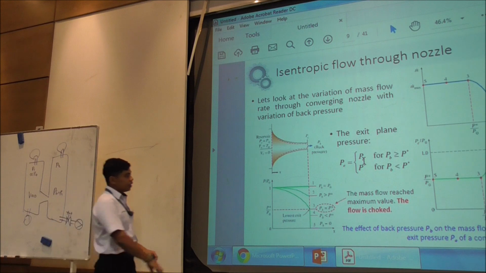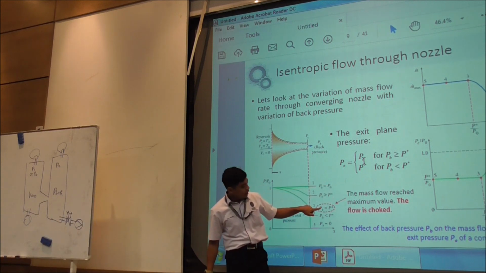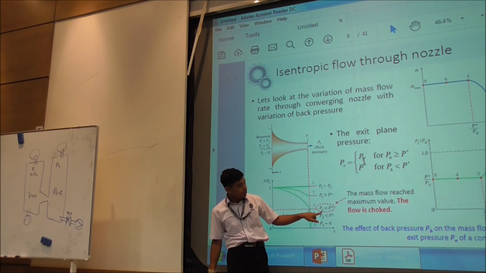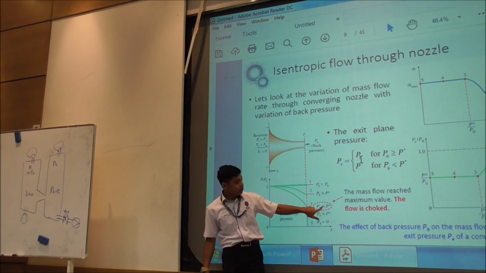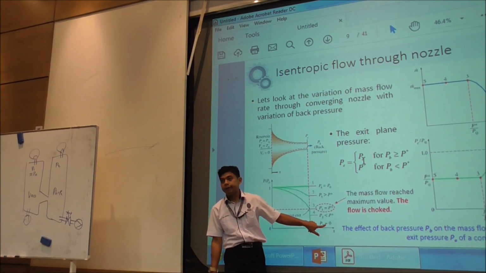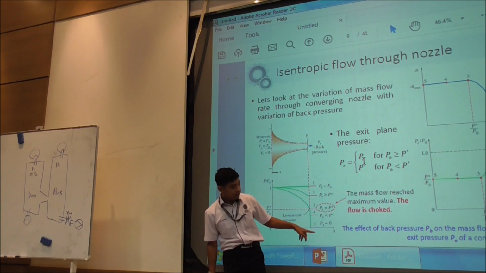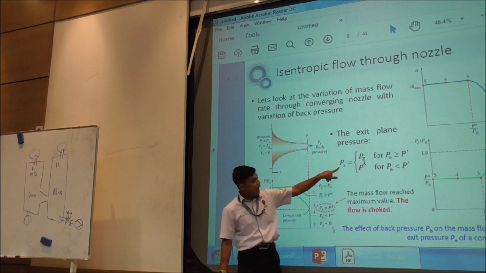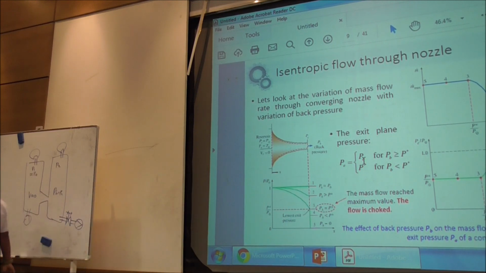Now coming back to here, the mass flow rate reaches maximum when PB equals P star. So what happens if PB is lesser than P star? It will not affect the flow rate, because it has already reached the critical condition. Even though you push it further, the exit pressure will be equal to the critical pressure.